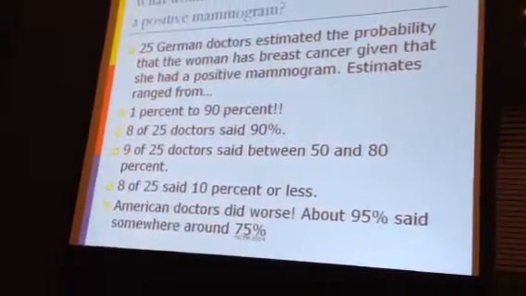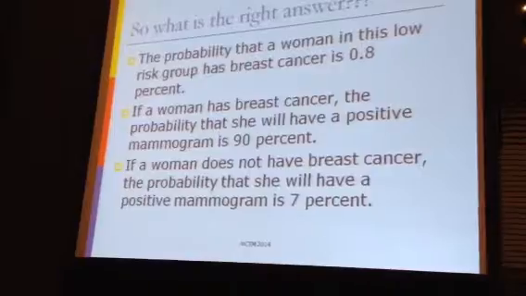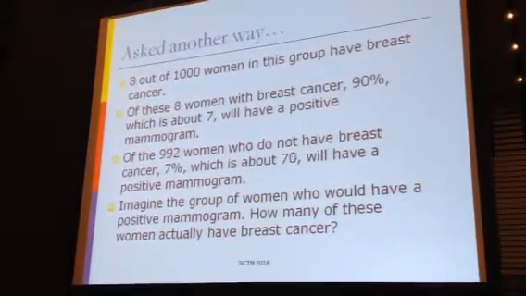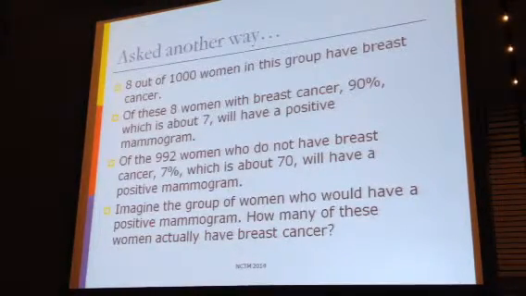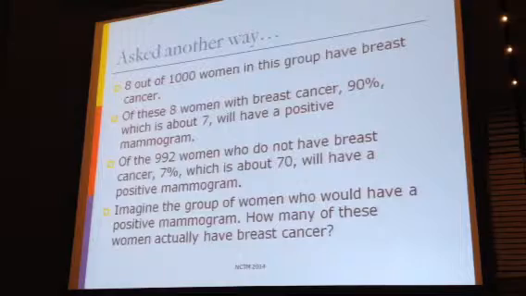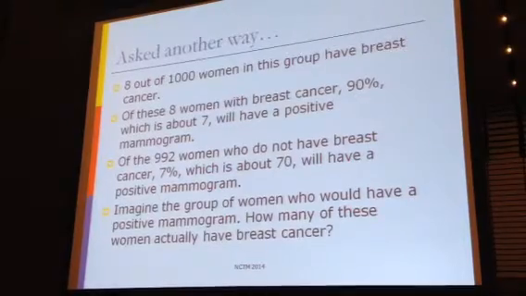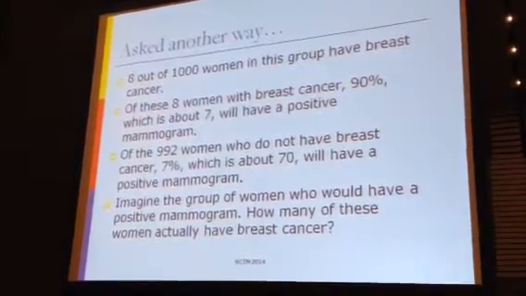And so what he did was a follow-up study with these doctors. His research has been in how we communicate information to doctors so that they give good advice to patients. He said, let me give the same information to doctors, but in a different way. 8 out of 1,000 women in this group have breast cancer.